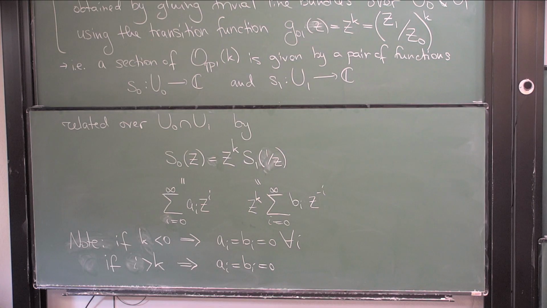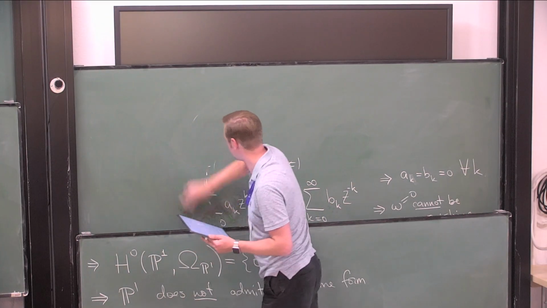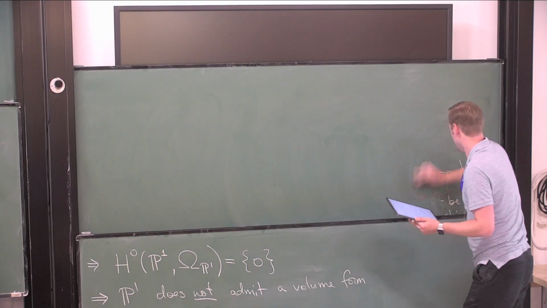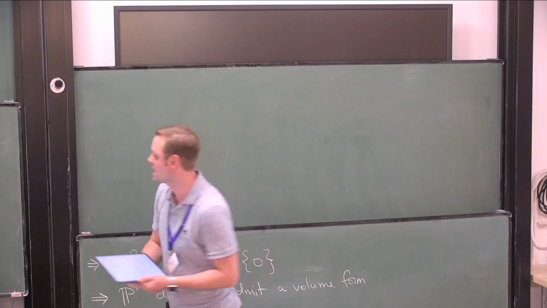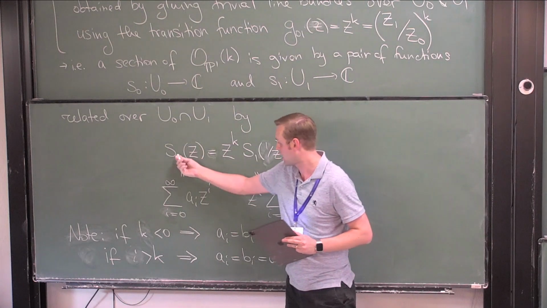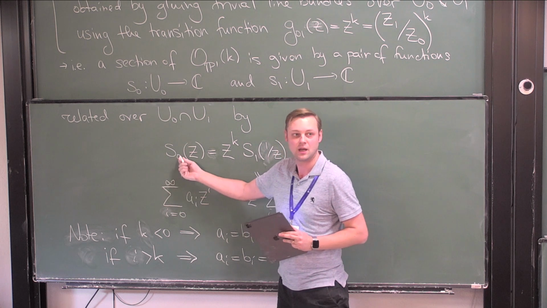So in that case, I could genuinely write down a section by just choosing those coefficients, a non-zero global section. In other words, if k is positive, then the section that I'm describing could be a polynomial of degree at most k.